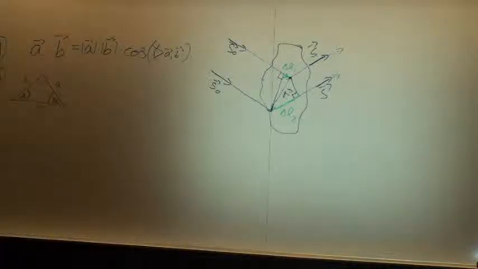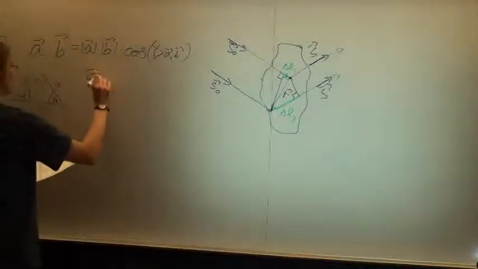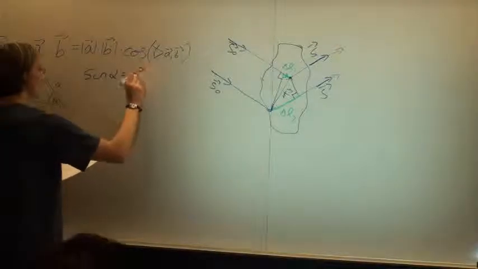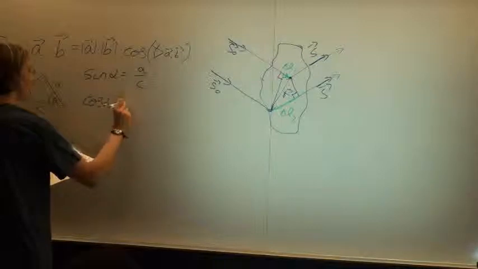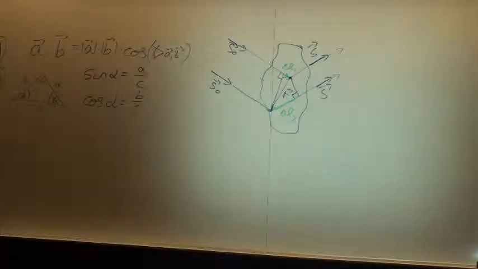And we did come up with those sine and cosine relationships. The sine of alpha is equal to A over C. The cosine of alpha is equal to B over C. Another one of those rules that is useful to remember.